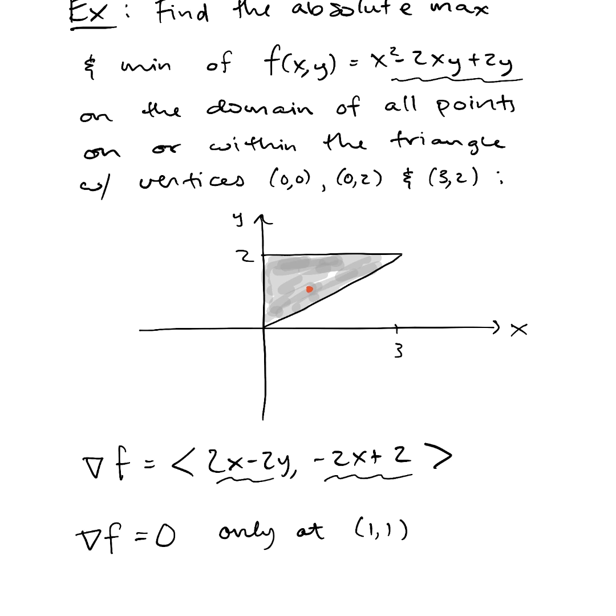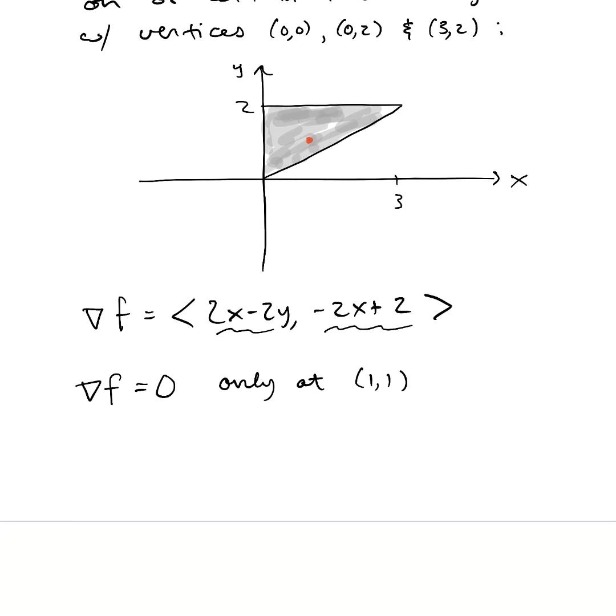So it looks like we have one critical point inside the region. The value of the function at that point is easy to compute. If you stick 1, 1 into the function, then you get, let's see, 1 plus 1. Fantastic. So we found one critical point inside the region, and we know what the function comes out to there.